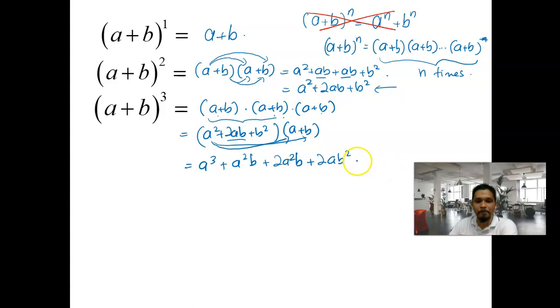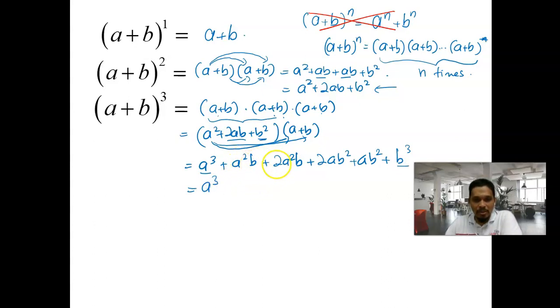Plus now it's the turn for b squared multiplied with a, ab squared, and then b squared with b, b cubed. So now let's simplify this. Okay, a cubed, a to the power of 3. Then what do we have here now?